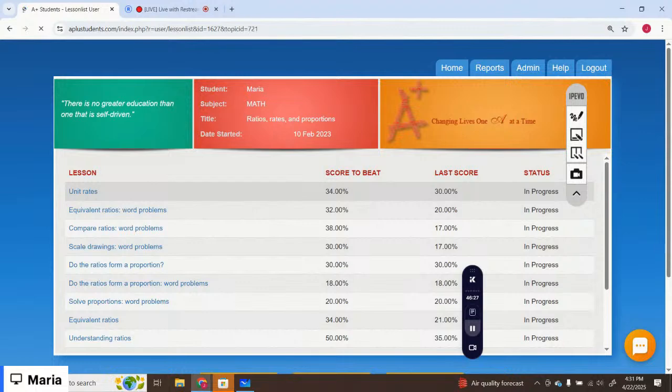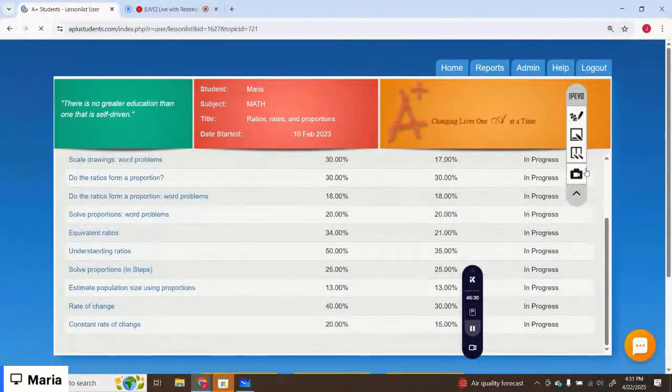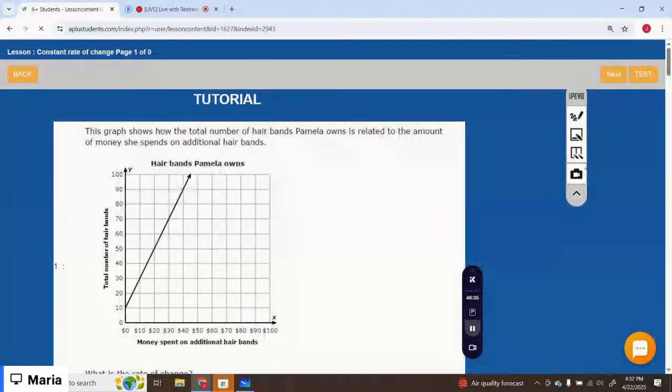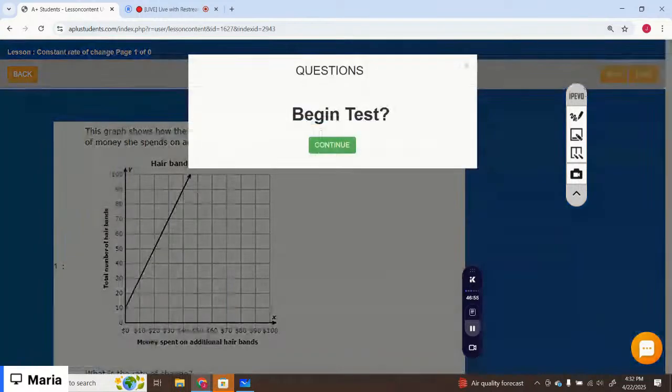The next lesson is constant rate of change. Let's just start with the test questions.